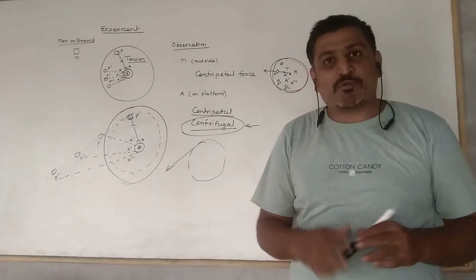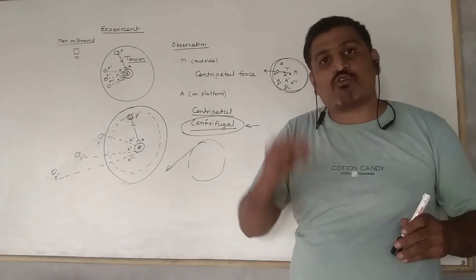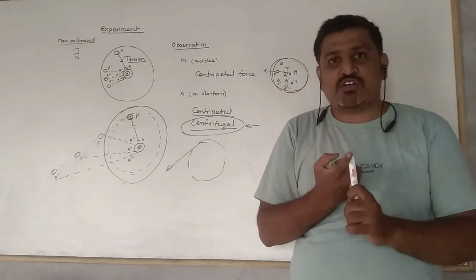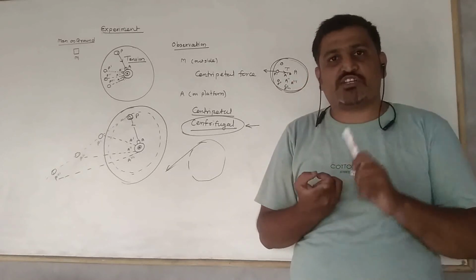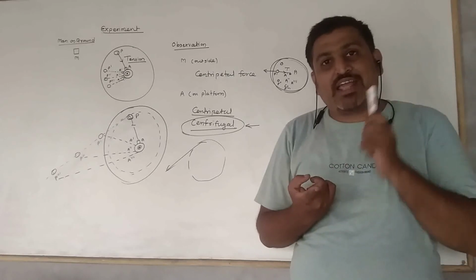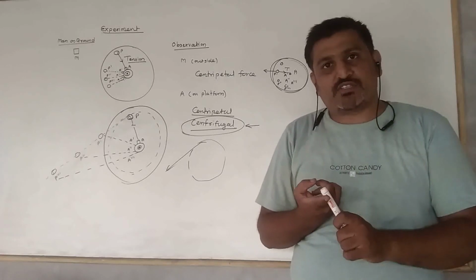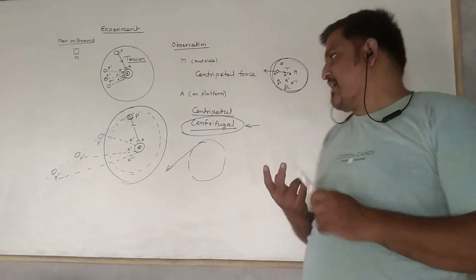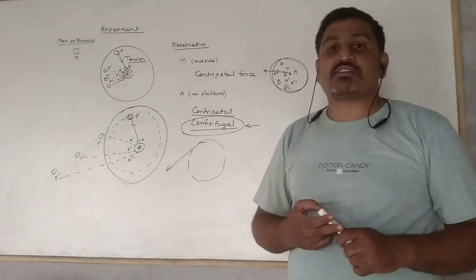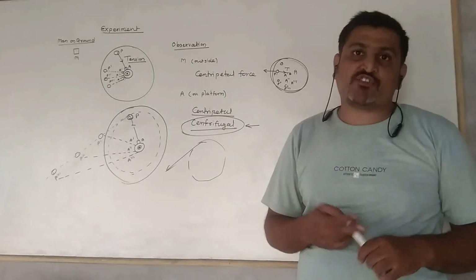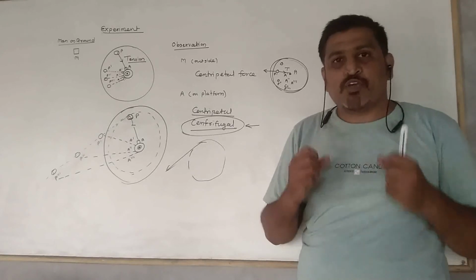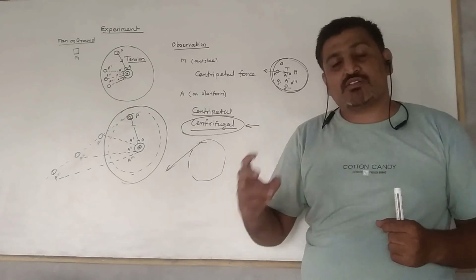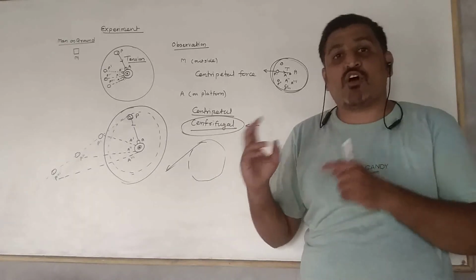Understood? So the person who is on the merry-go-round observes two forces. First, centripetal force, which is due to the tension produced in the string, and the second force he observed is a centrifugal force. Actually, he assumed it because the ball is still in front of him but not stationary.